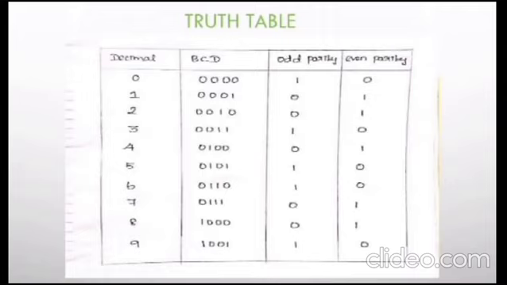Next, the even parity. The even parity is the reverse of odd parity. From the 4-digit BCD code, only one number is different, others are the same, hence the even parity is 1. Next, in the given 4-digit code the ones are the same and also the two pairs are the same, hence the even parity is 0. This is the truth table of odd parity and even parity.